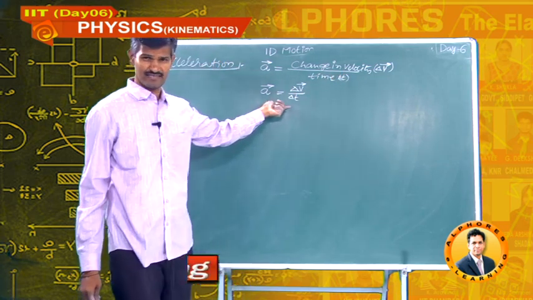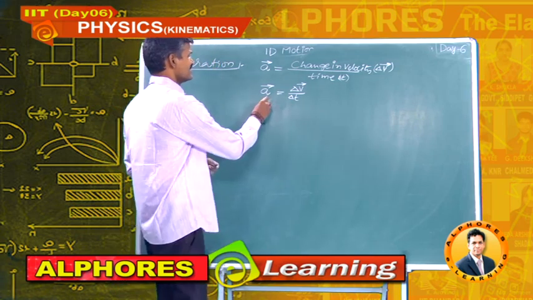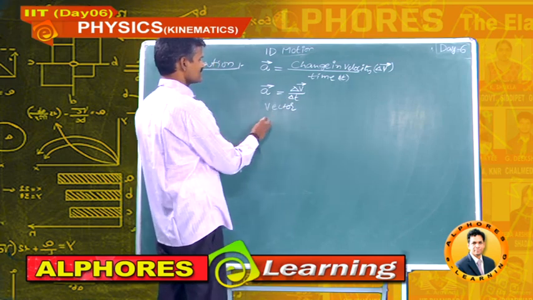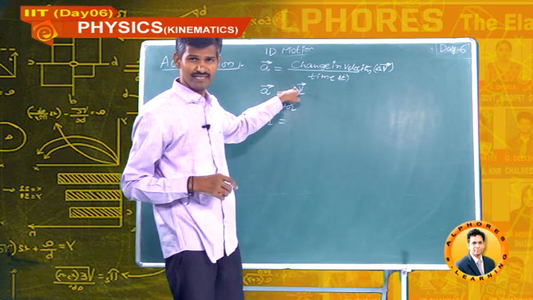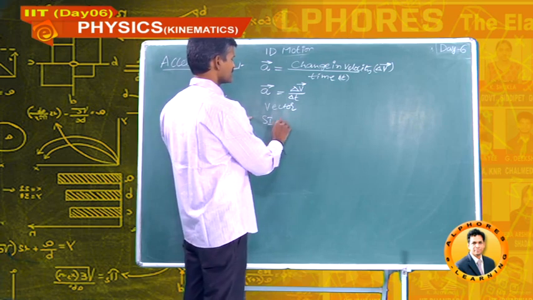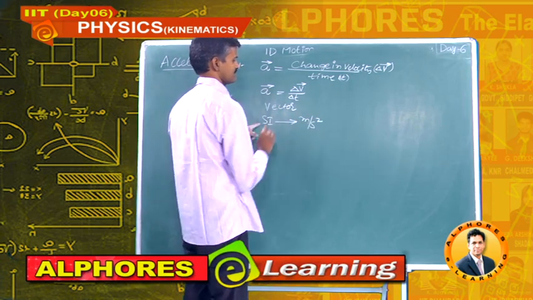This is acceleration. It is a vector quantity. The SI unit of acceleration: we know that velocity is measured in meter per second and time in seconds, so the SI unit of acceleration is meter per second square.